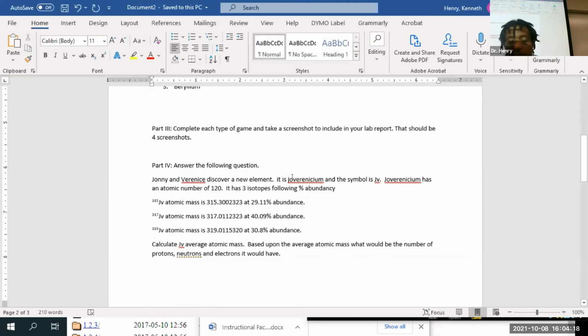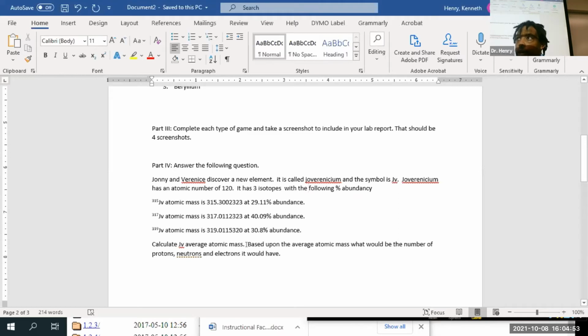It's called jovernicium, and the symbol is JV. Jovernicium has an atomic number of 120. It has 3 isotopes with the following abundances.